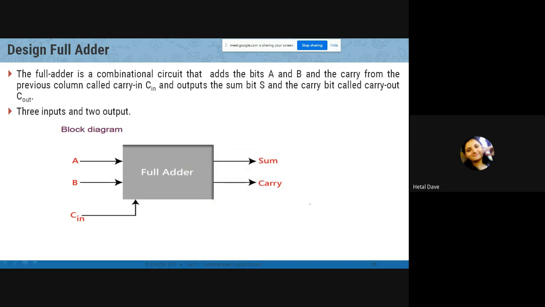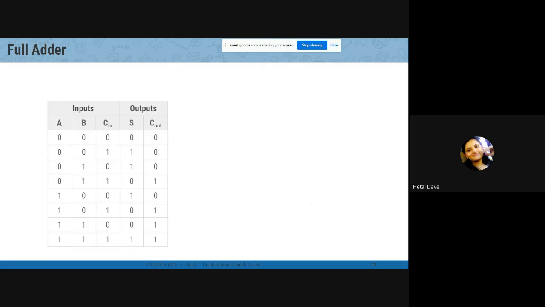We will make the truth table. So now how will the truth table be made? 3 inputs, that's why 8 combinations are written. Then you need to write this sum column and then C out column.